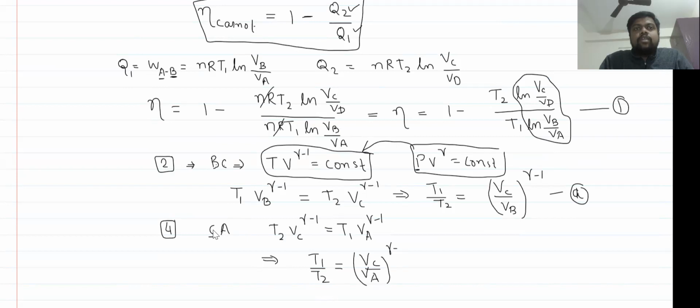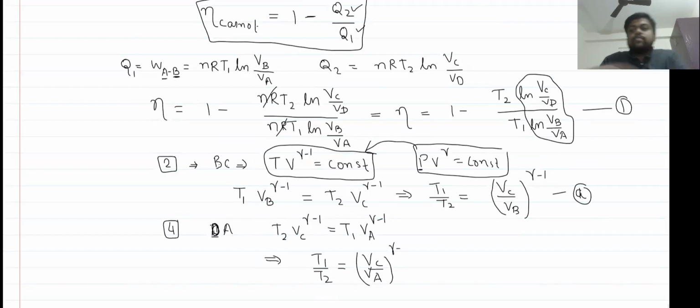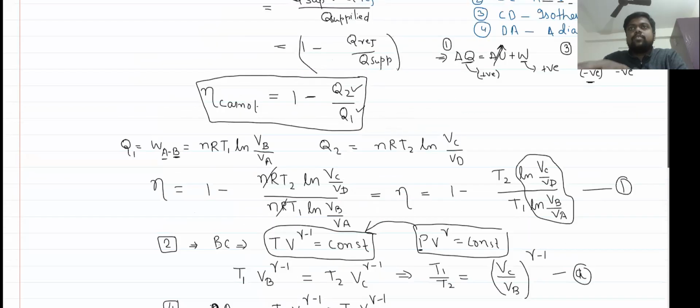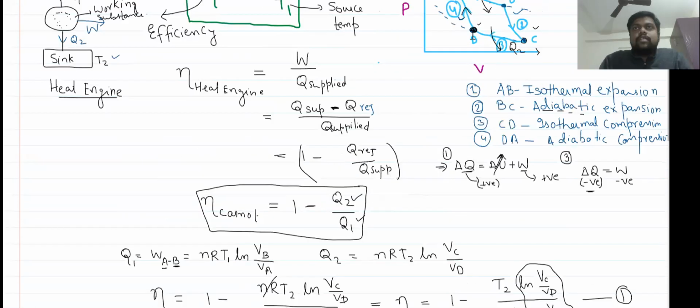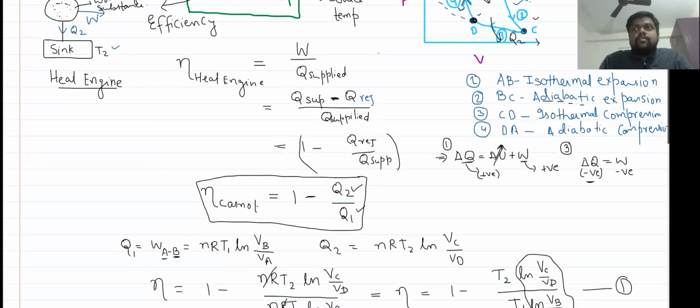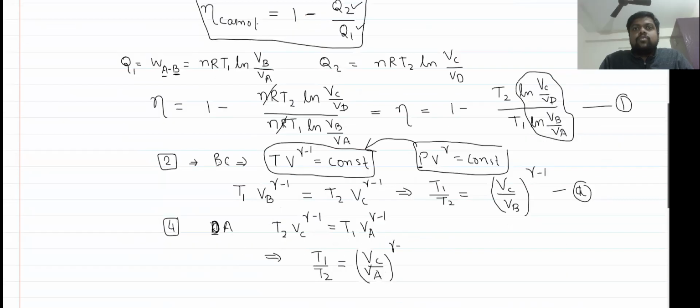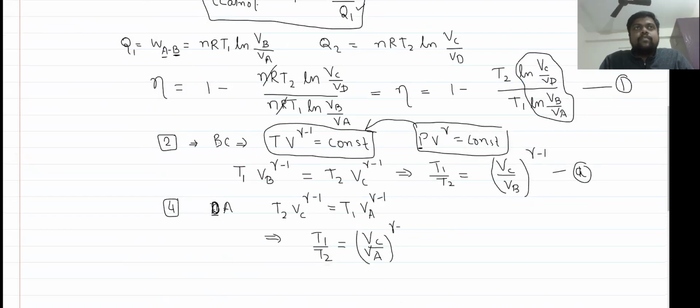Sorry, here the process will not be C to D, the fourth process is D to A. Check once again, the fourth process is D to A. This is point D, and here we are going from D to A. So instead of C, we'll write D here.